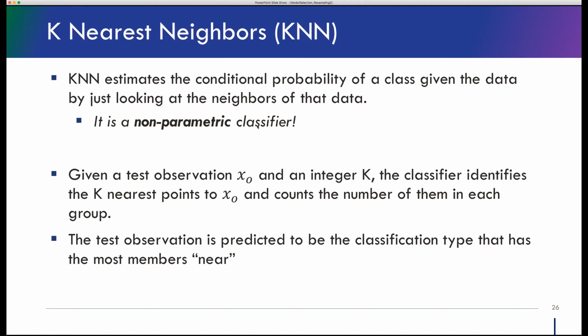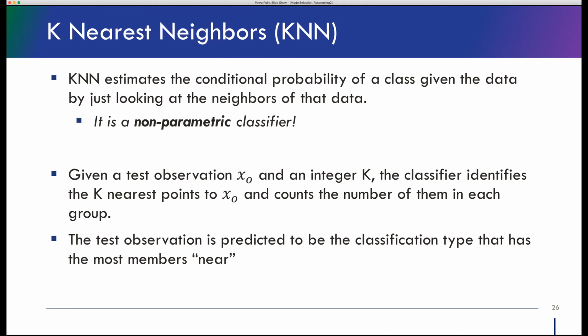It's a non-parametric classifier because there are no betas to estimate. In our regression setting, we have those coefficients beta 0, beta 1, beta 2, that intercept and slope. Those are parameters that we estimate in the model. This KNN is a non-parametric classifier. There's no such parameter involved.